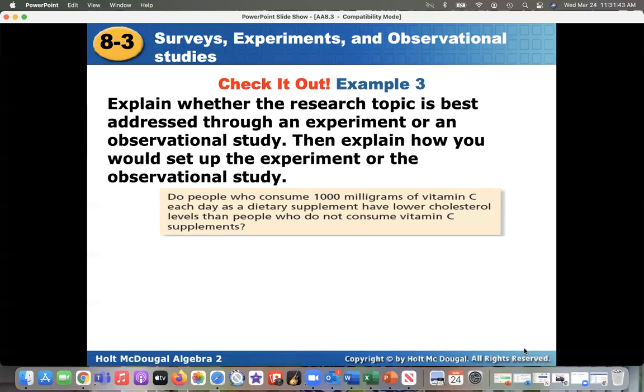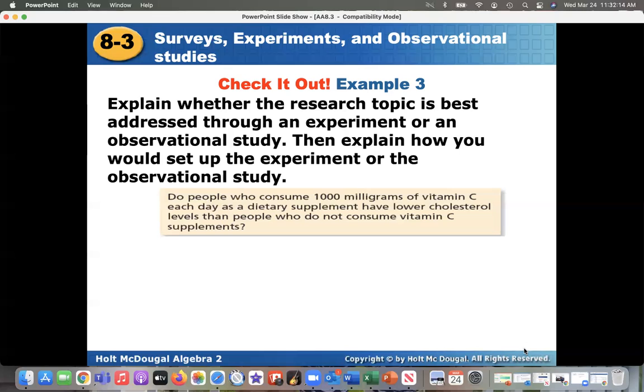So we can conclude that it's not going to harm anybody to take vitamin C, because it's generally good for you, but we'd have to make sure that amount wasn't going to be harmful. We'd have to know that, and that would sway us towards doing what? Experiment or study. Vitamin C isn't going to harm you, so we could do a what? Experiment. So how would we set up an experiment for this research topic?